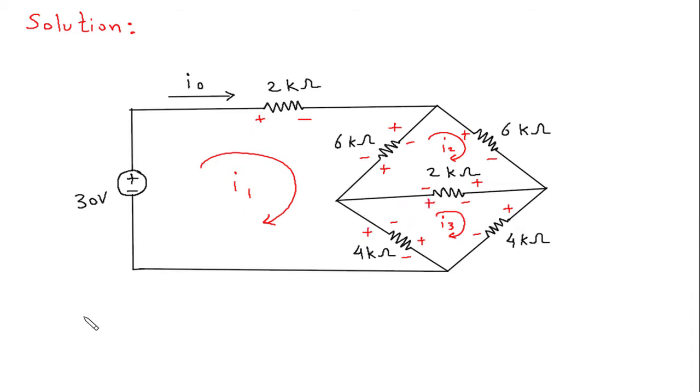Now we will apply KVL to mesh number 1. Let's say we will start from here. So this will be minus 30. Now all the resistors are given in kilo ohm.